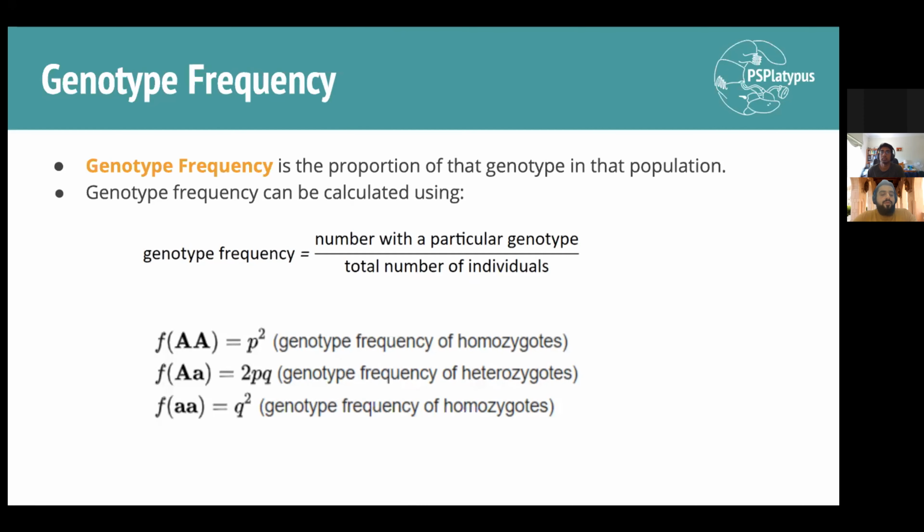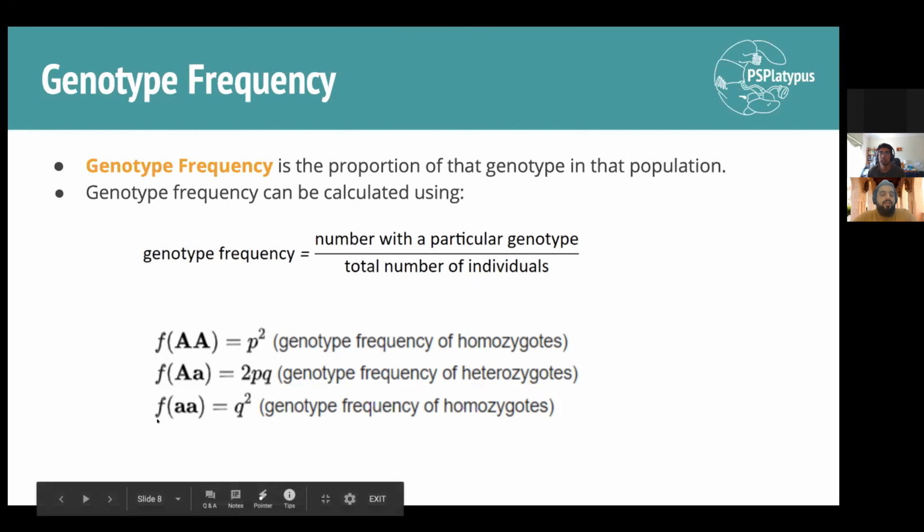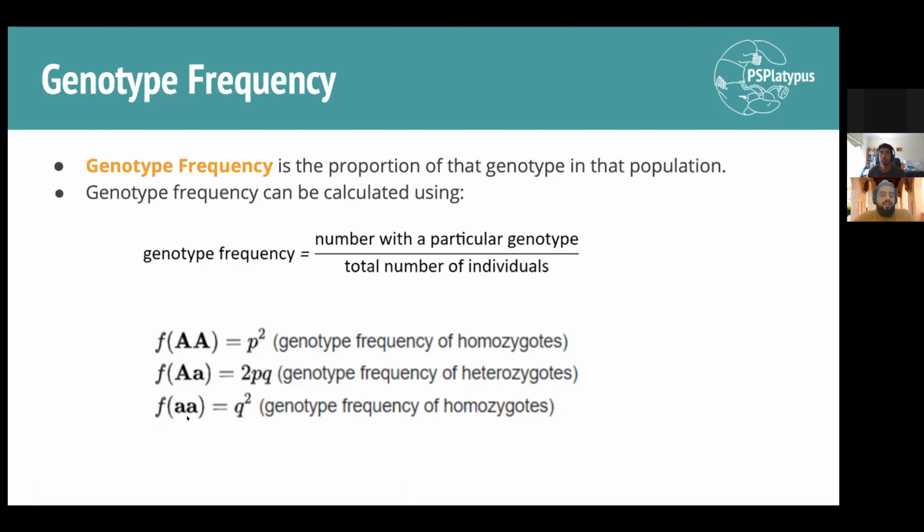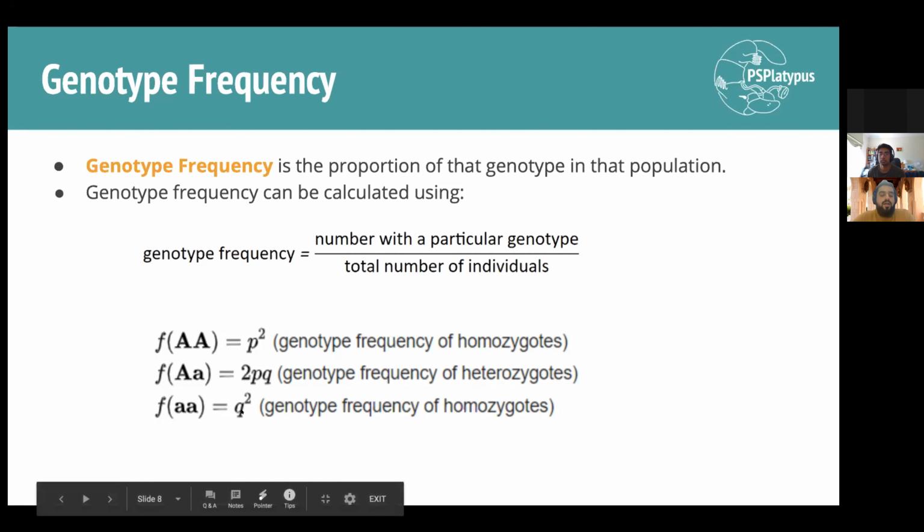The genotype frequency of the heterozygous trait is 2 multiplied by the allele frequency of the dominant allele and multiplied by the allele frequency of the recessive allele, 2PQ. And then the genotype frequency of the recessive trait equals Q squared, where Q is the allele frequency of the recessive allele.